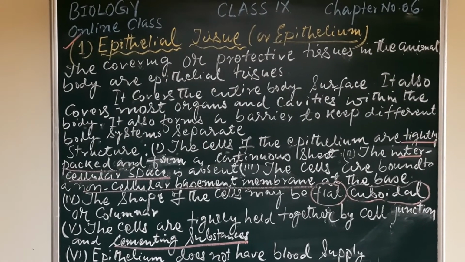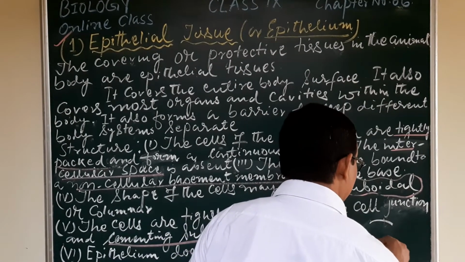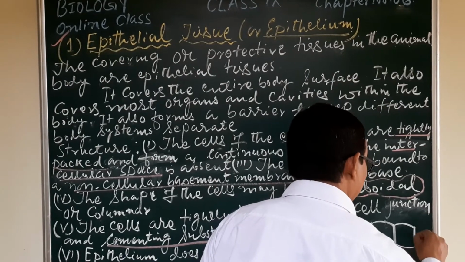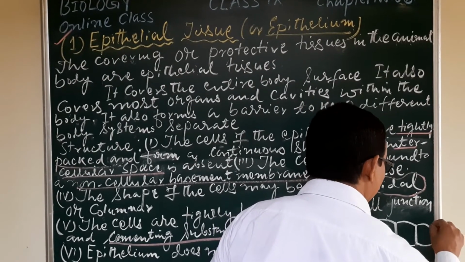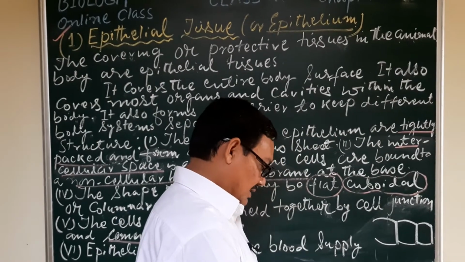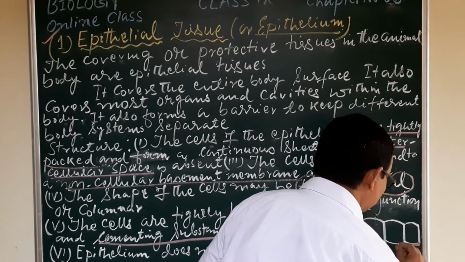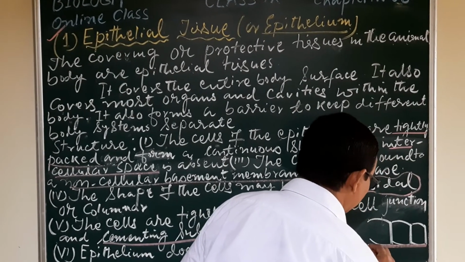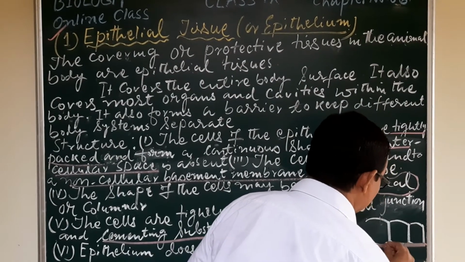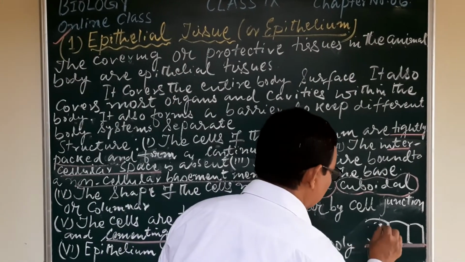The cells of the tissue are together, like when there is a cube shape, there is one important thing here, that is the non-cellular basement. It is the non-cellular basement.